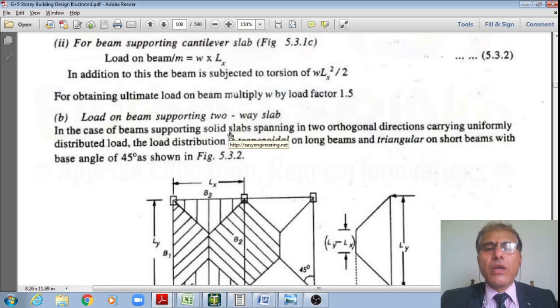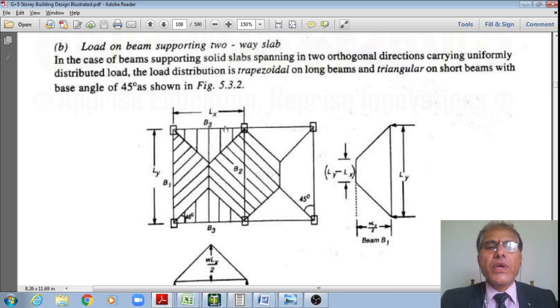Actually the loads are distributed like this on the beam, triangular load, as well as on this long beam. The loads are distributed at a 45-degree angle. Now I have lines at 45 degrees, both meeting at the central longitudinal axis of this beam B3.